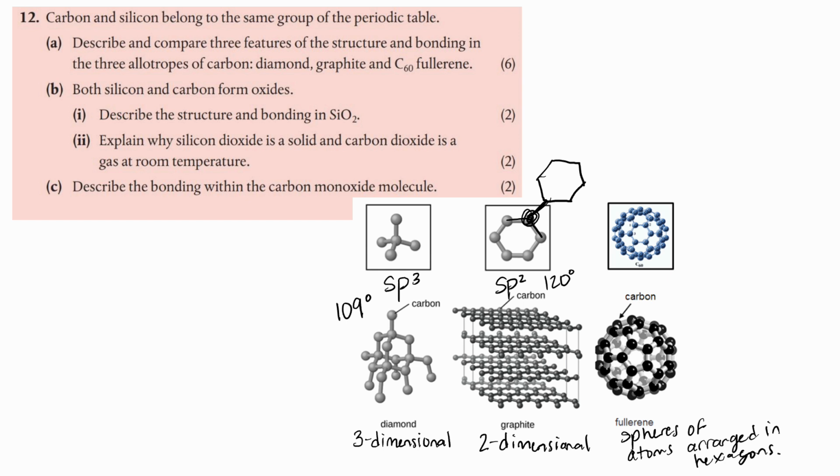And then for your fullerene, it can take on sp2 or sp3 depending on the carbon that you're looking at. So for fullerene, you're going to put sp2 and sp3. So your angles are going to vary from 109 degrees to 120 degrees.